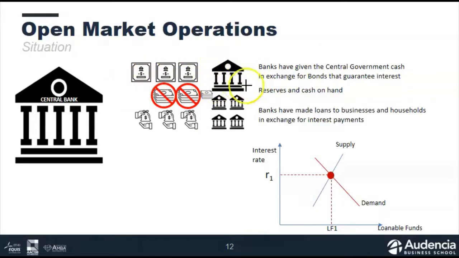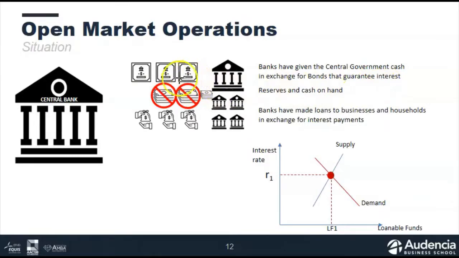So here the bank has invested in government securities, government bonds. And these pieces of paper, basically the bank gave money to the central bank. In exchange, the central bank gave them these pieces of paper. These are investments, and they earn a very good, probably guaranteed, rate of interest.